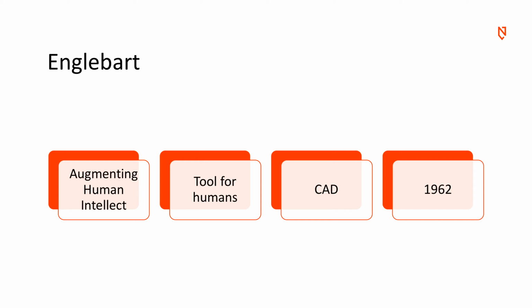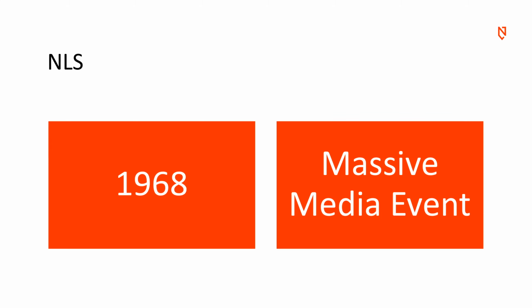He envisioned the computer not as a replacement for human intellect, but simply as a tool for enhancing it. One of the first examples he described for this technology was for architects designing a building, using something that today we would call CAD software. This was a huge leap in thinking for 1962.